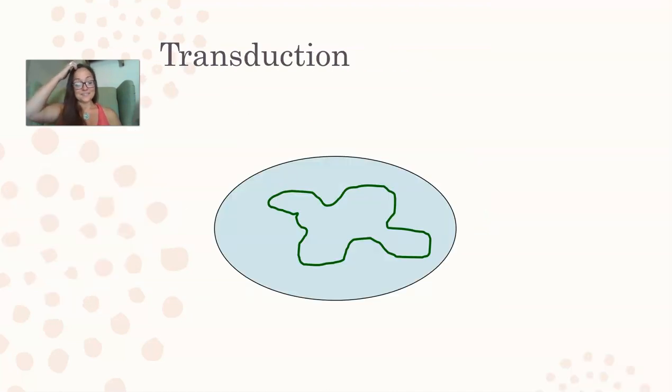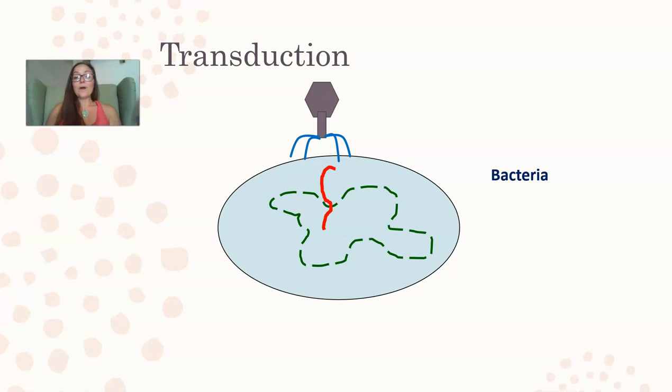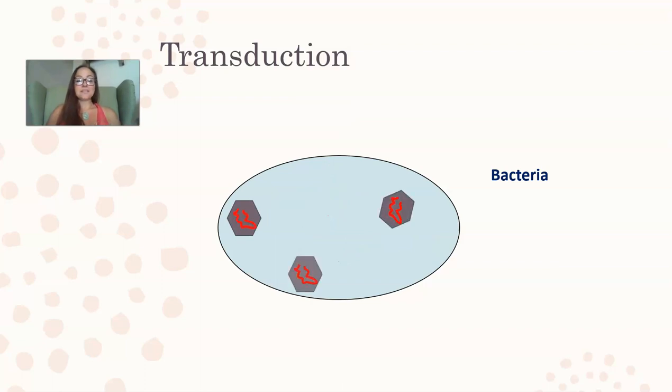Now this one is called transduction. The whole reason I made a video on bacteriophages was so that you can understand transduction. So in transduction, that bacteriophage, the virus that infects bacteria, is replicating during its own lytic cycle within the bacterium.